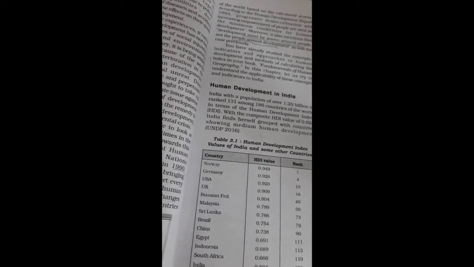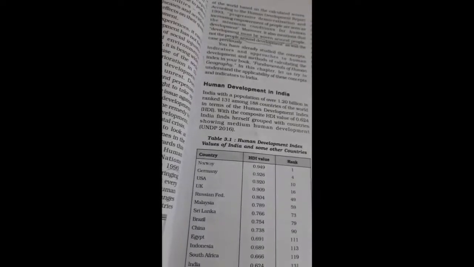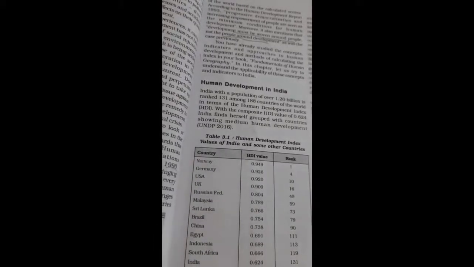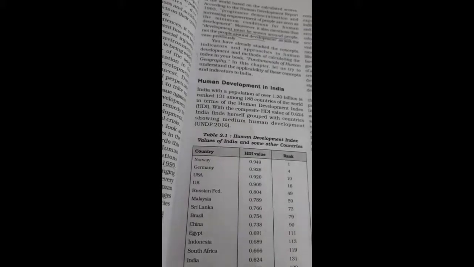Initially, life expectancy was chosen as an index of longevity. Adult literacy was an index of knowledge, and per capita gross national product adjusted for purchasing power parity as an index of decent life. So, you will remember we talked about 3 indexes, 3 points considered to make the Human Development Index.